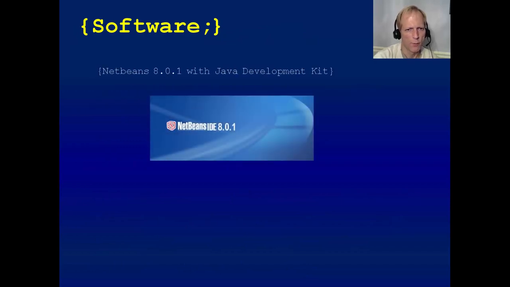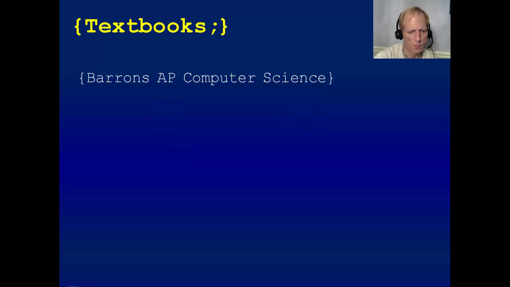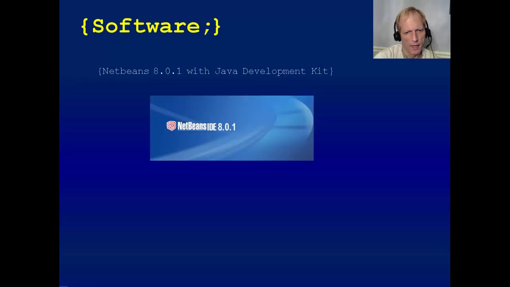The software we use primarily is NetBeans with the Java Development Kit, although we do use some online IDEs and some online coding websites where, to solve a specific programming challenge, you enter your code in a text field on the website, and it runs your code for you and tells you if you have solved the problem correctly.